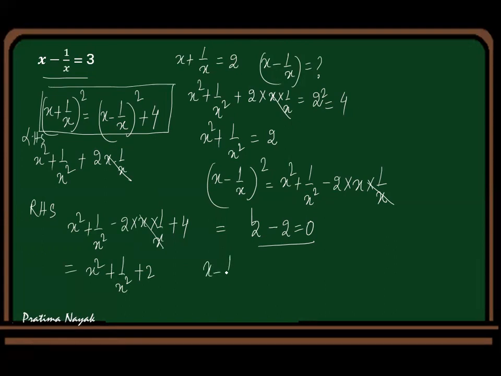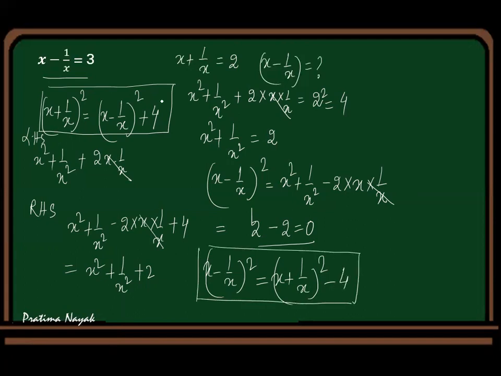So x minus 1 by x whole square is equal to x plus 1 by x whole square minus 4. So please note these two formulas so you can convert from one to other. If minus is given, you will add 4. If plus is given, and you have to find out x minus 1 by x, then you will subtract 4.